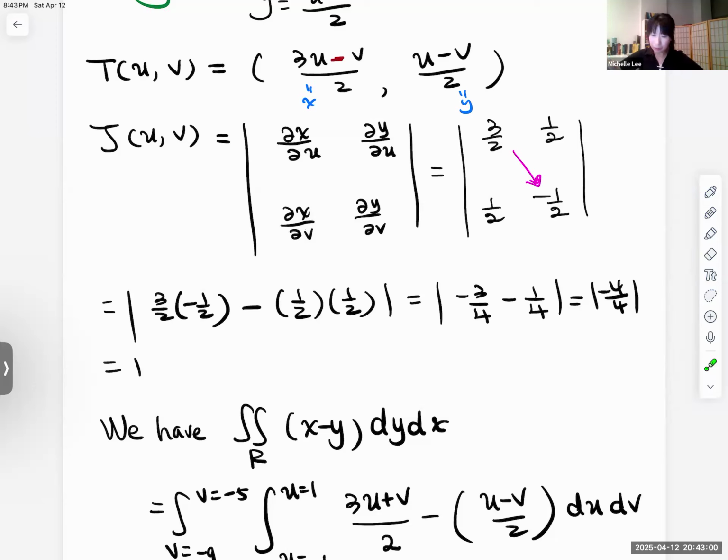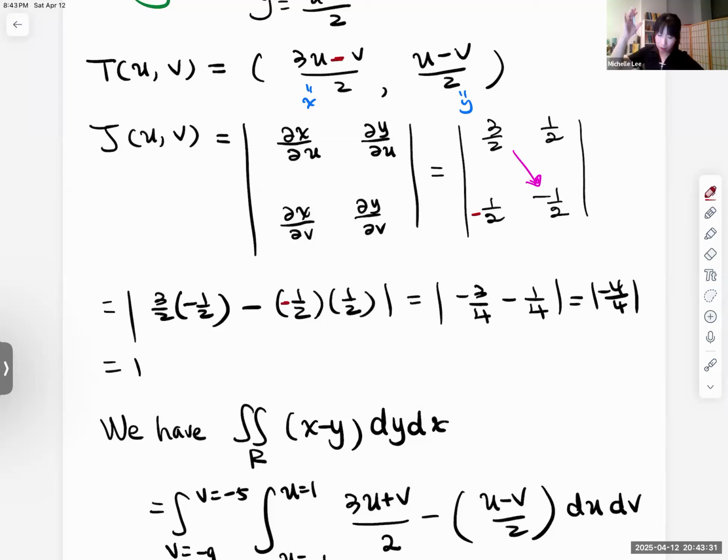What's the derivative with respect to v? Okay, so that will be -1/2. Then multiply and negative.